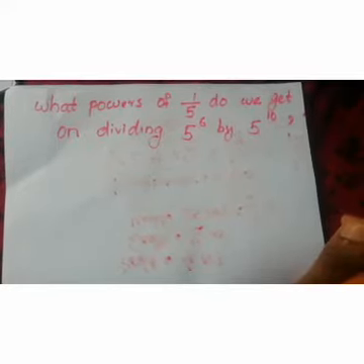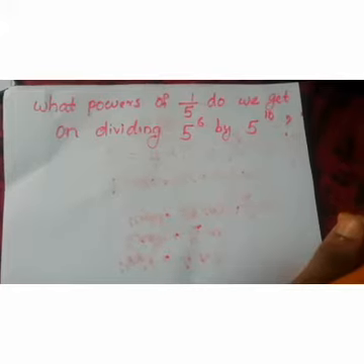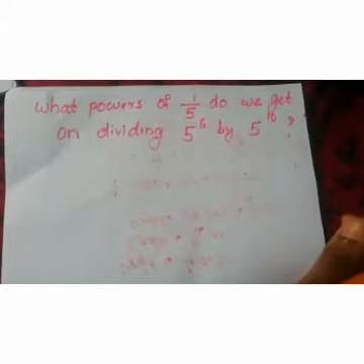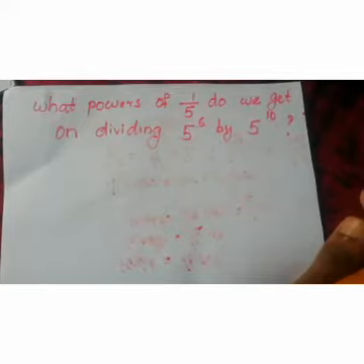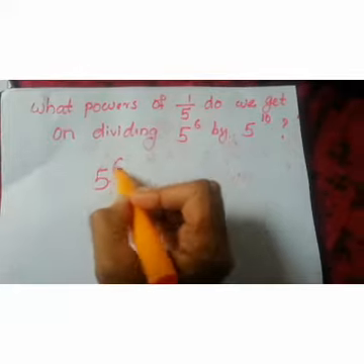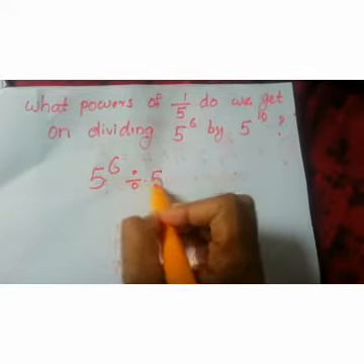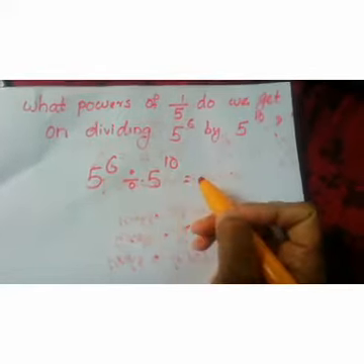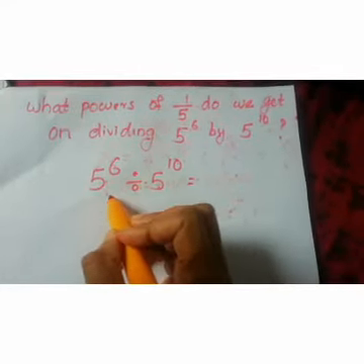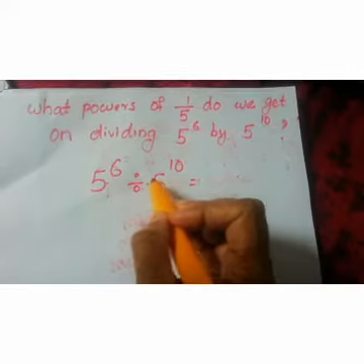If this is my first question, what power of 1 by 5 do we get on dividing 5 raised to 6 by 5 raised to 10? Here we want to divide 5 raised to 6 by 5 raised to 10. As we are familiar with these kinds of problems, here the denominator is larger than the numerator.